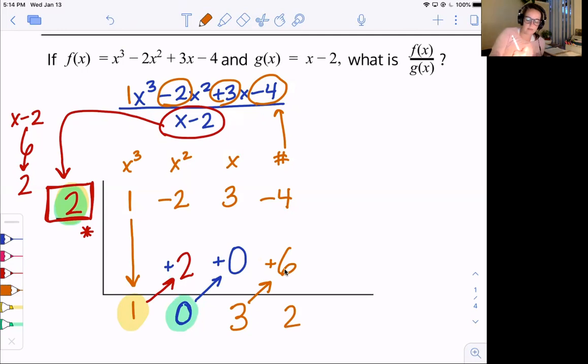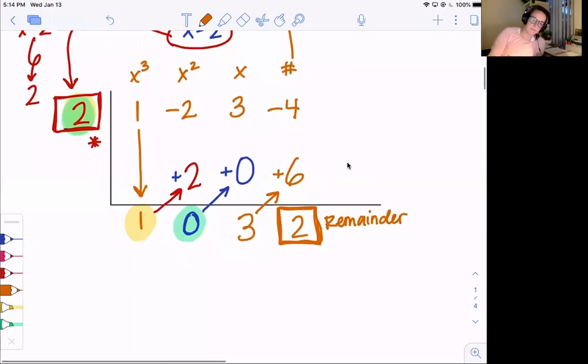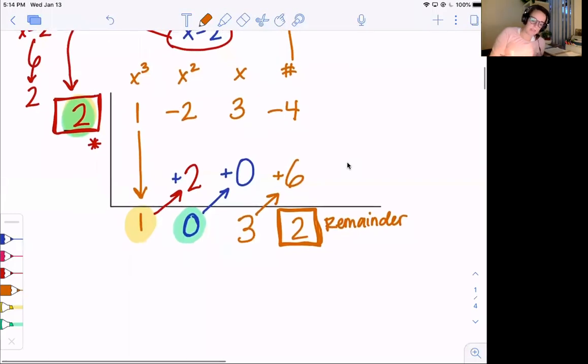I got to the end of my line, so I'm going to go ahead and put another box around this here. This is what's called a remainder. It is what is left over when I divide this big long polynomial by this one here. So my answer is going to be written here.